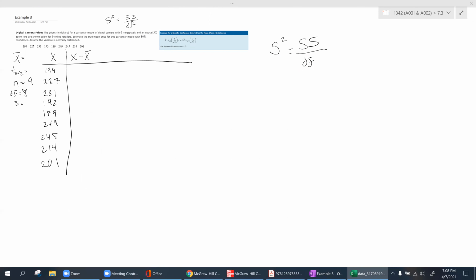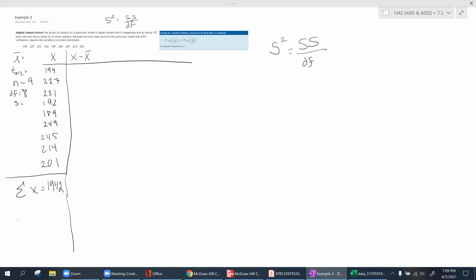One thing I may want to find is the sum of my x values, adding all of these up together. We find out that this gives me 1942.